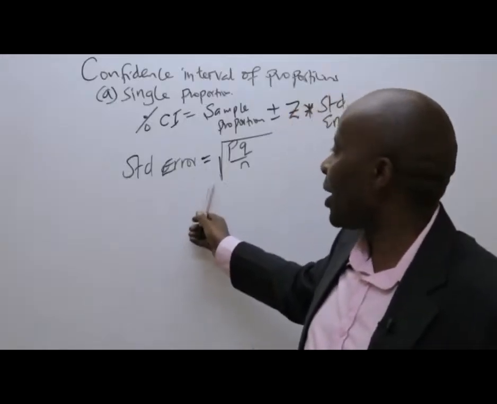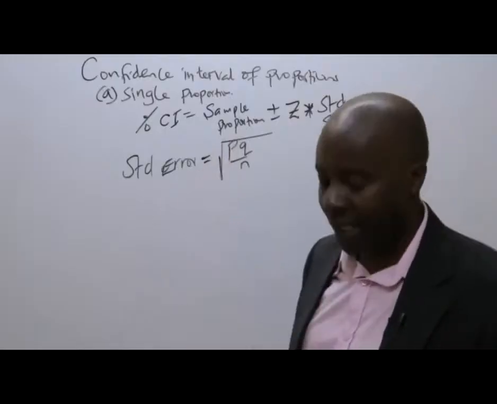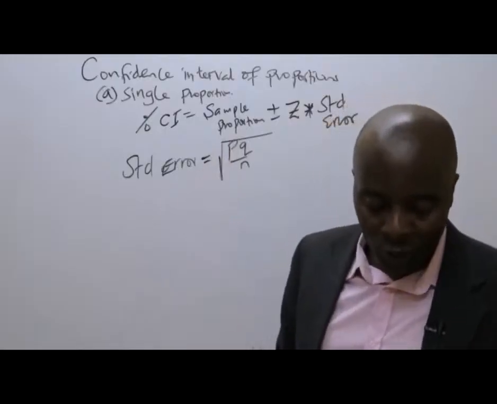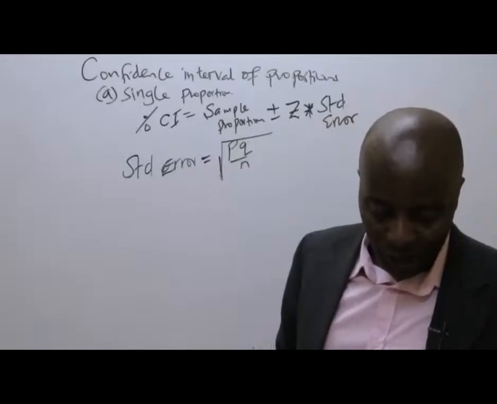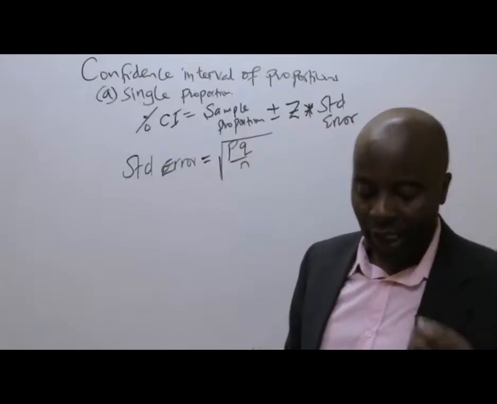The standard error equals the root of P times Q all over N. And for you to understand what P stands for, what Q stands for, I would want us to look at an illustration.